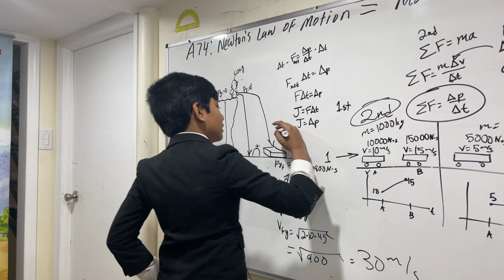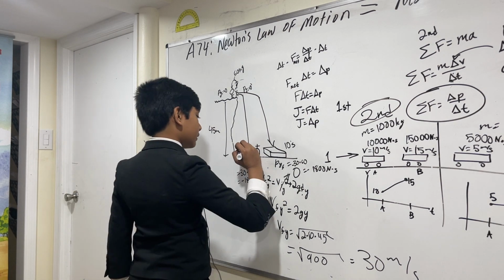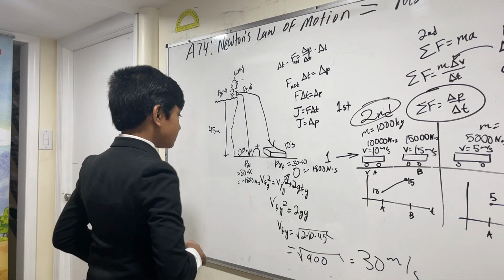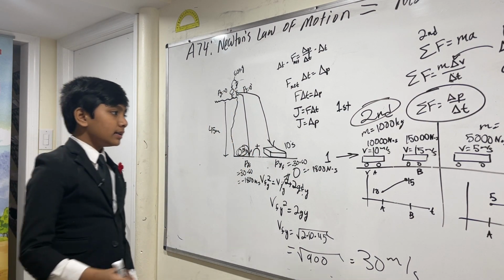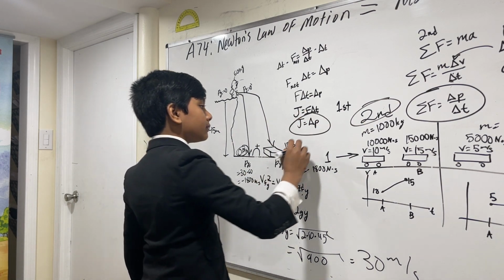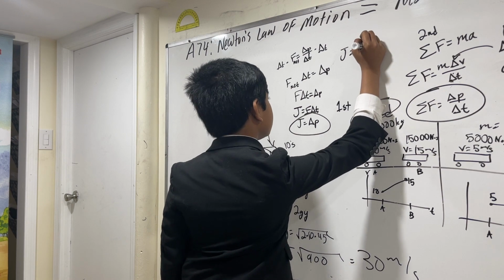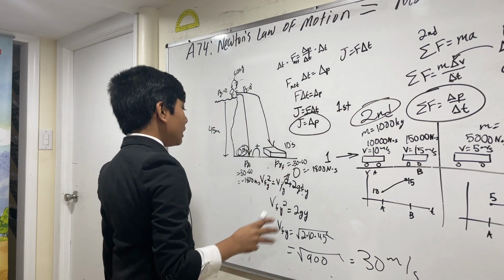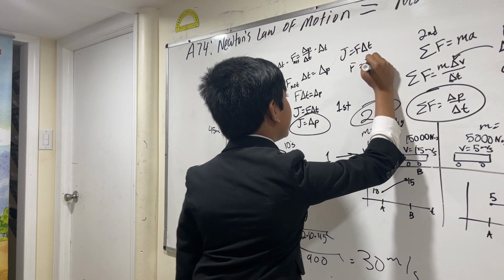Well, let's say this one soaks on the mattress for 10 seconds, and this one only has like 0.01 seconds before he just... So, if this guy slows down in 0.01 seconds, then the impulse for them is the same, obviously, because they have the same delta P, but impulse is F delta T, and they have not experienced the same delta T, meaning they won't experience the same force. So the average force is going to be different for the two.